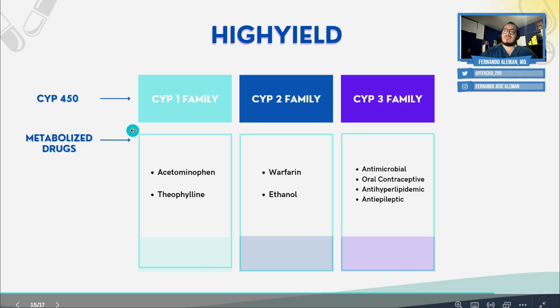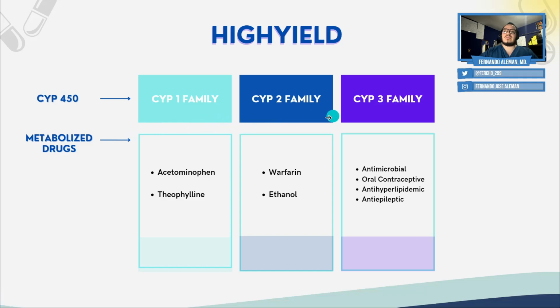As I mentioned before, the first three families of the CYP are the ones in charge of metabolizing drugs. So we have CYP first family, second family, and third family. If we understand that, we are good.